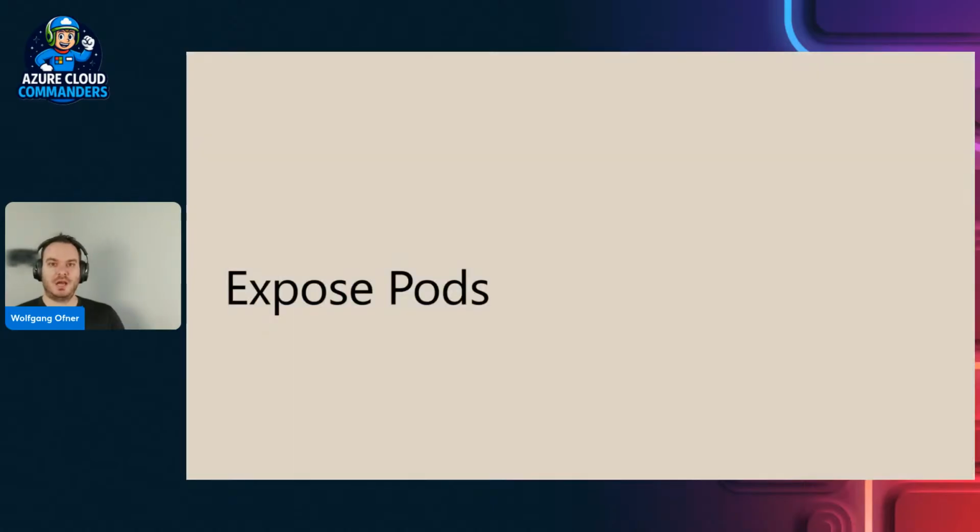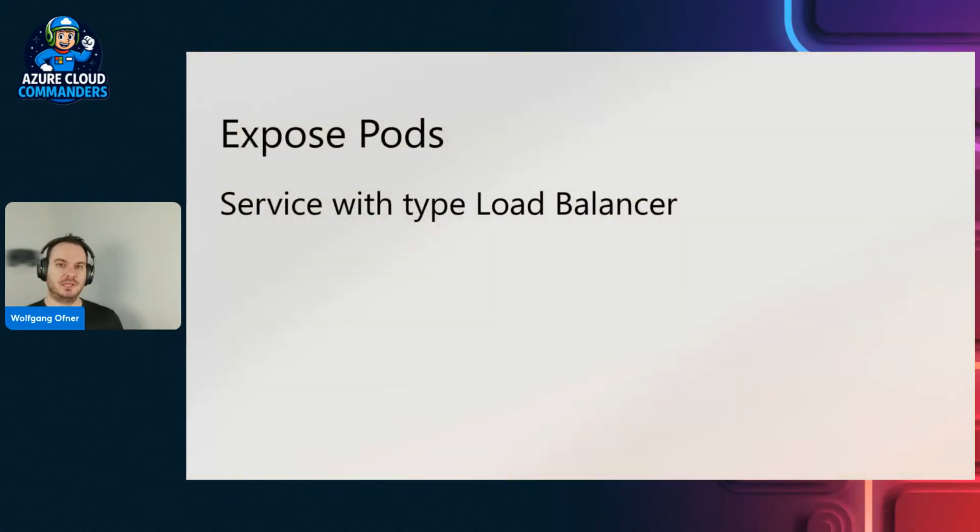First, let's talk about how we can expose our pods. Just as a quick reminder, a pod is the smallest type we have in our Kubernetes cluster. To simplify a bit, you can say a pod is a container and it contains our application. And we have different options to expose this application to the outside world.